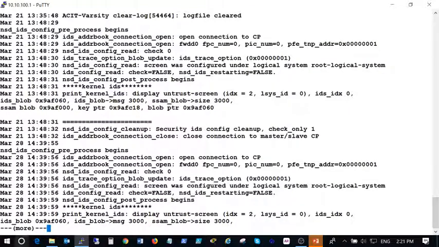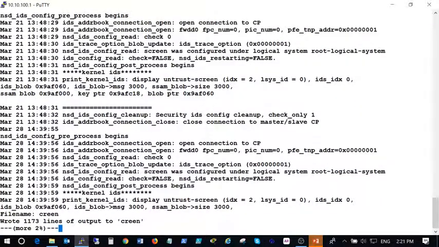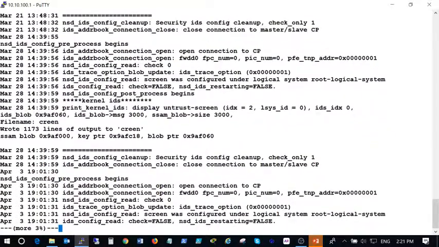Okay, so this is my log here, which shows me everything that's going on within my screen options. Lots of things, actually.